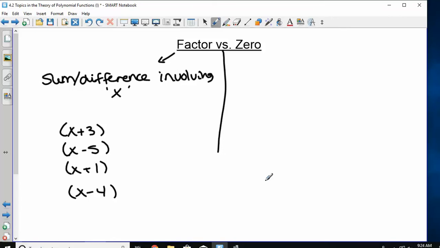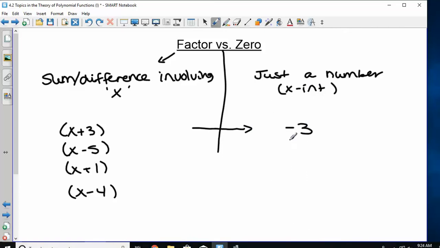A 0 is just a single number. So the 0 is like your x-intercept. So if it's x plus 3, what would be my 0? Negative 3. If it's x minus 5, my 0 is positive 5.